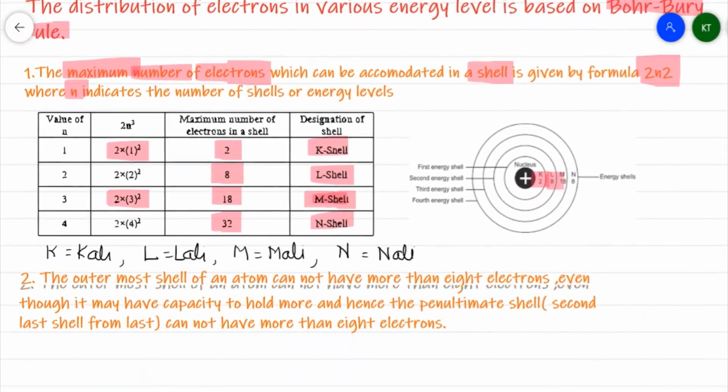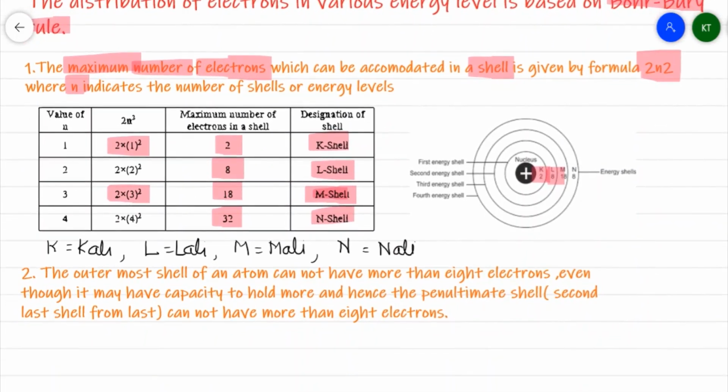Now, the next point: the outermost shell of an atom. Please understand this point very well. The outermost shell of an atom cannot have more than 8 electrons, even though it has the capacity to hold more.